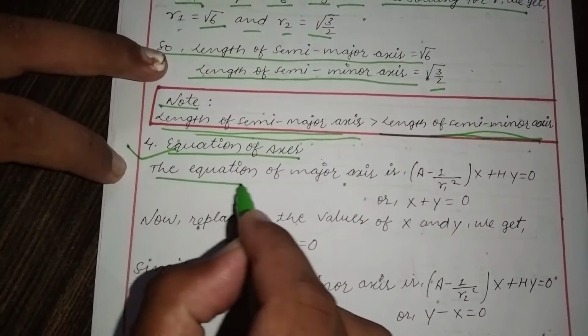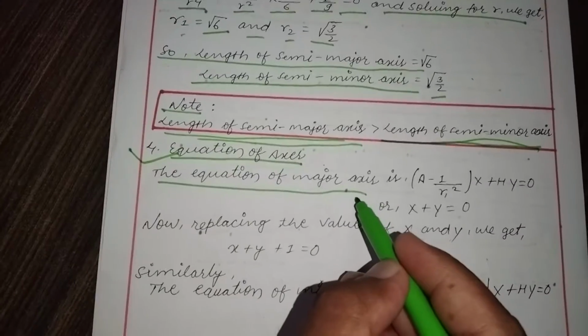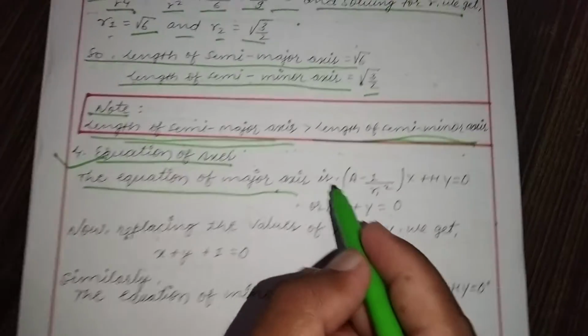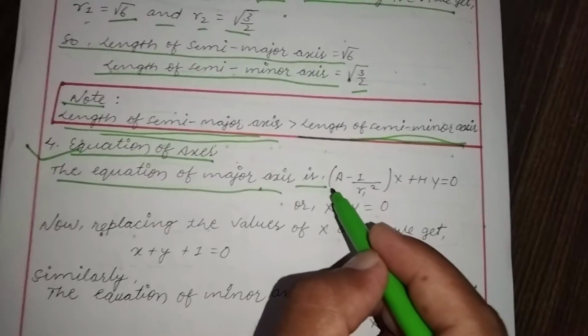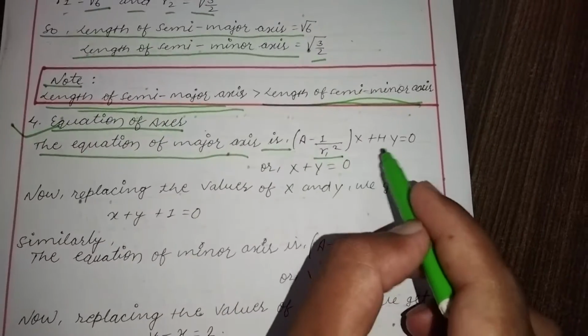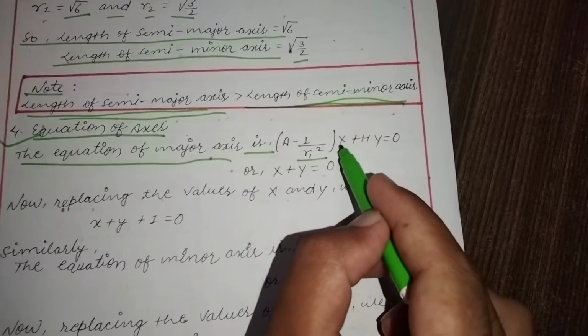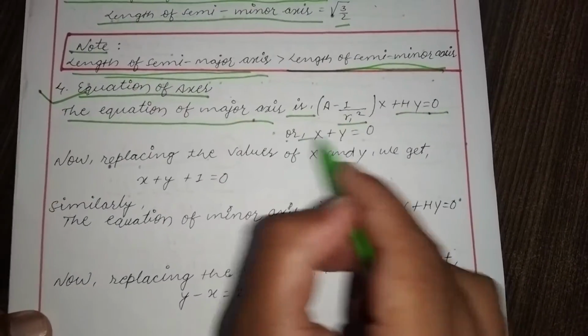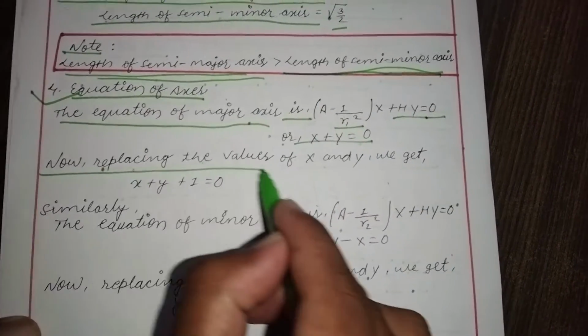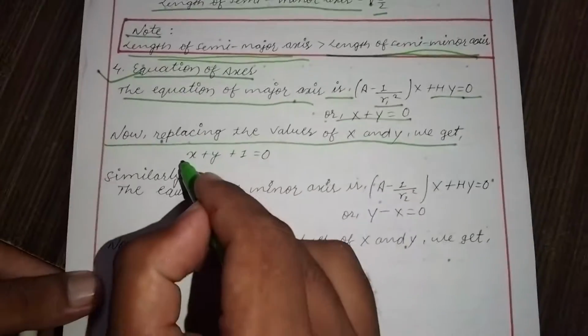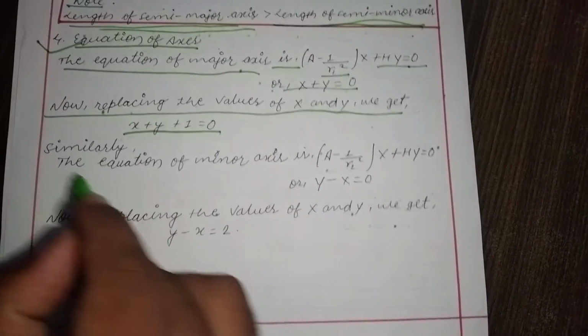Now the equation of the major axis is (a − 1/r1^2)x + hy = 0, or x + y = 0. Now replacing the values of x and y, we get x + y + 1 = 0.